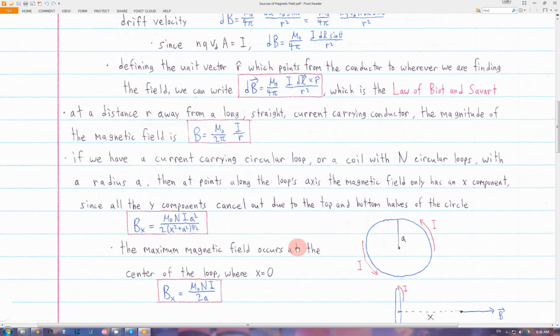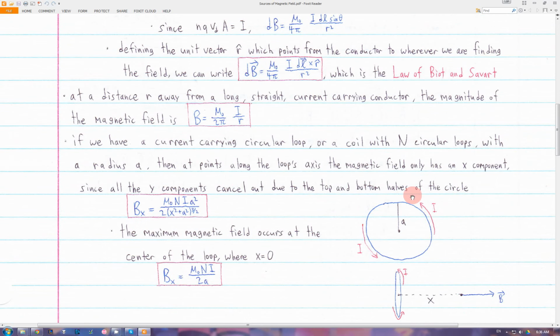And so also, if we have a current carrying circular loop, and this coil has N loops, and the radius of the circle is a, then we can find an expression for the magnetic field along its axis, which means kind of this line through the center.